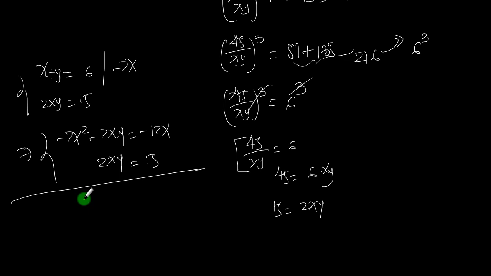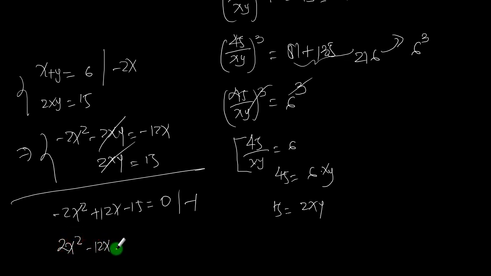I'm going to add both sides. So this is 0. I'm going to have minus 2x squared plus 12x minus 15 equals 0. I'm going to multiply both sides of the equation by minus 1, so I'm going to have 2x squared minus 12x plus 15, and this is equal to 0.